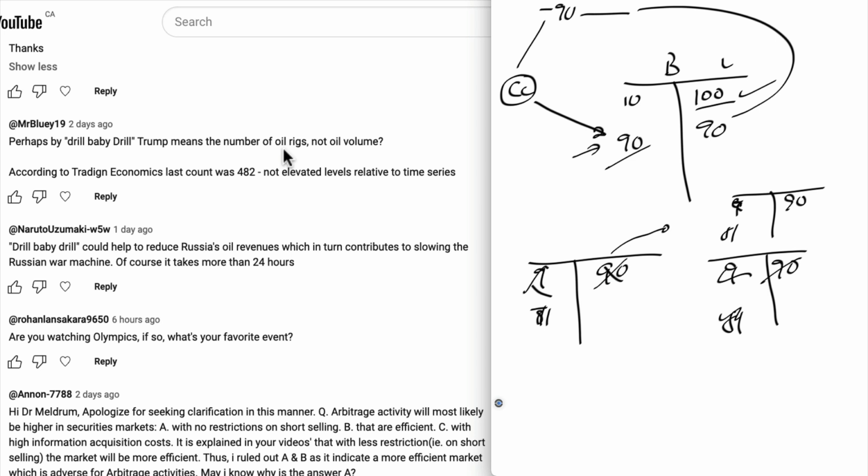They're using EOR, enhanced oil recovery on existing wells, as a cheaper alternative to drilling new ones. So companies can add more wells if they want. They can add more rigs if they want. They choose not to. So drill, baby, drill. Here's more land to drill on. We're already drilling at record levels, and there is nothing stopping oil companies from adding rigs now. So, you know, it's sort of a hollow thing to say.